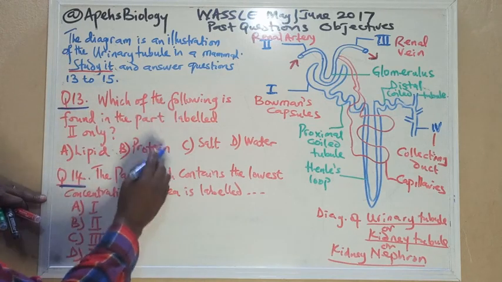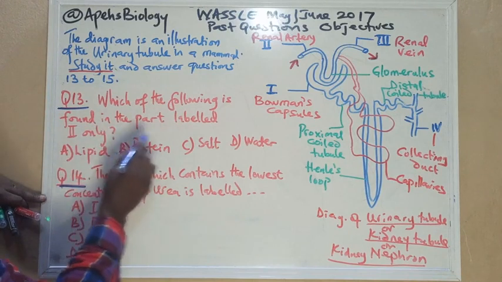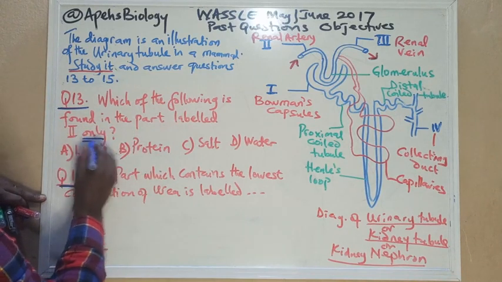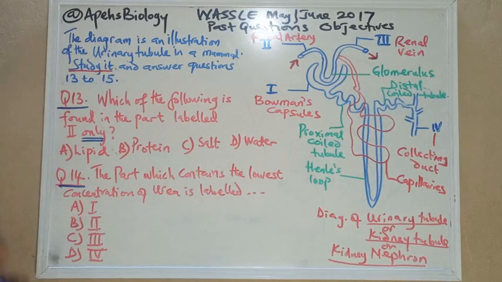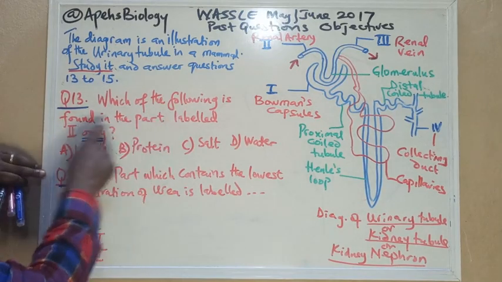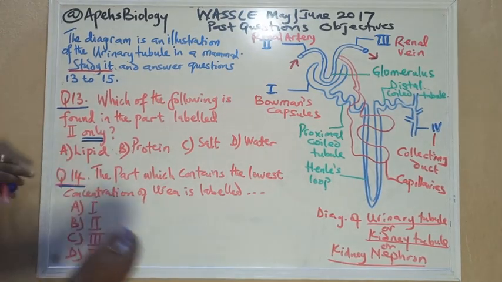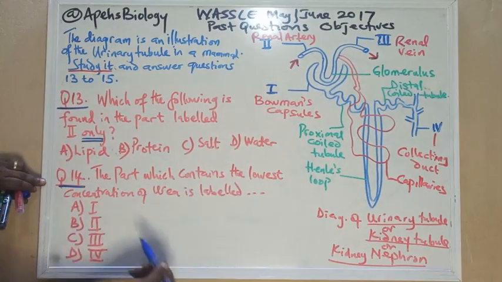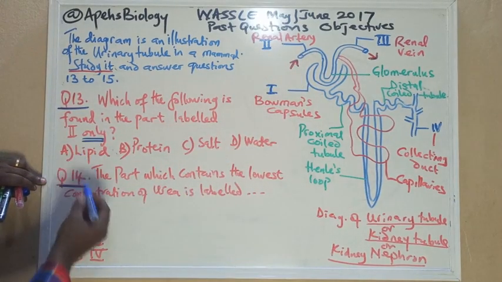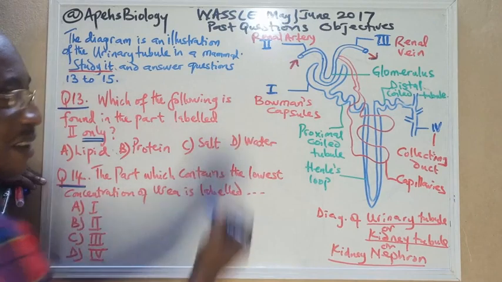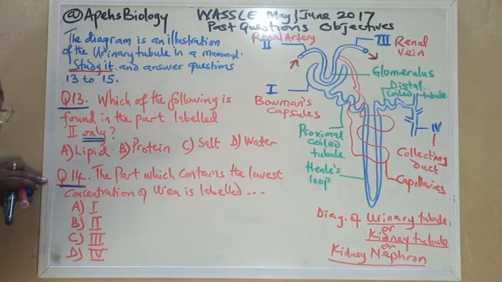Which of the following is found in the part labeled 2 only? Pay attention to that word. It's very deceptive. It can get you confused. Which of the following is found in the part labeled 2 only? The part labeled 2 here is the renal artery. Is it lipid? Lipid is not found inside the renal artery because lipid is fats and oil.